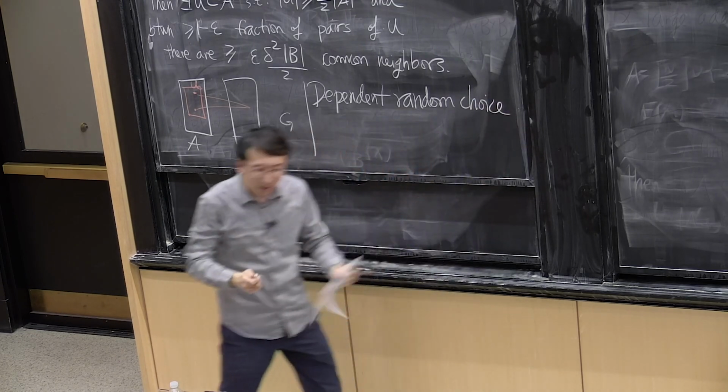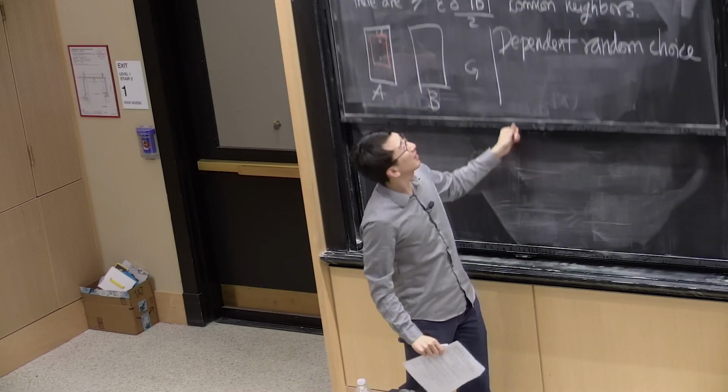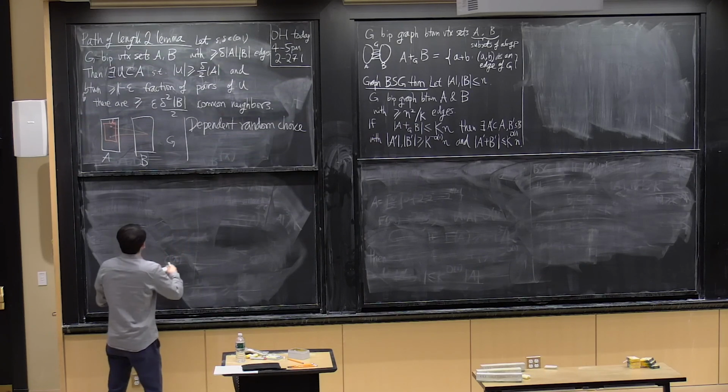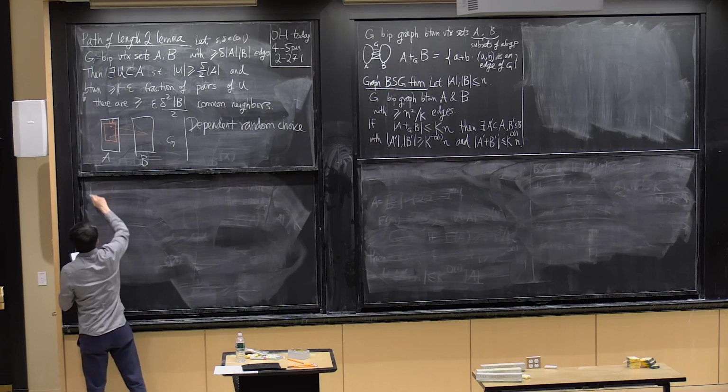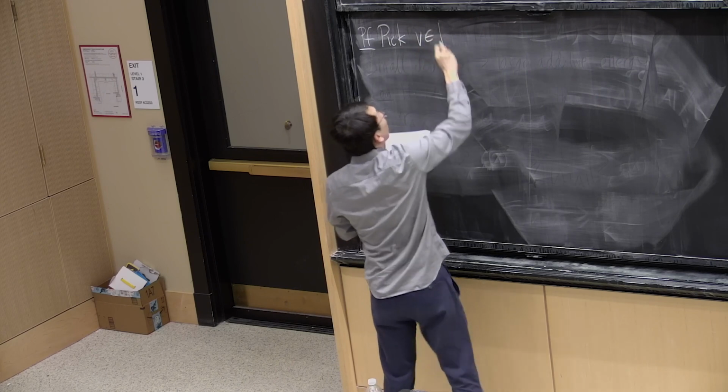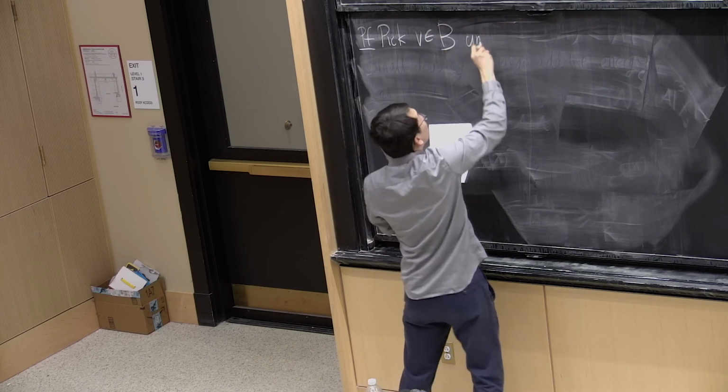See, everything in the course comes together. Okay, so let's pick V, an element of B, uniformly at random.